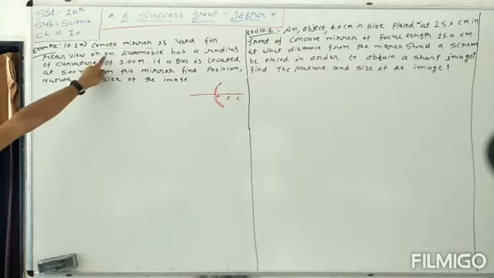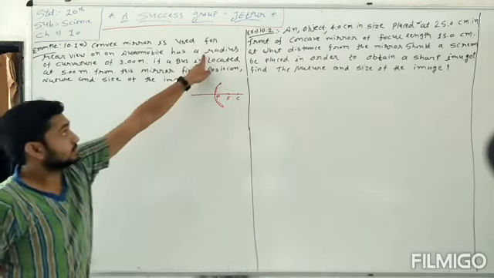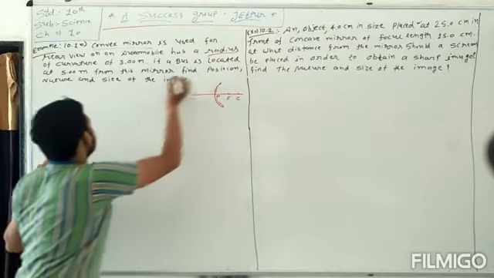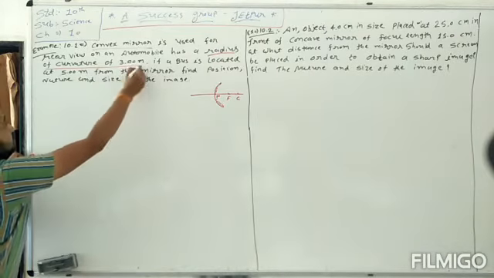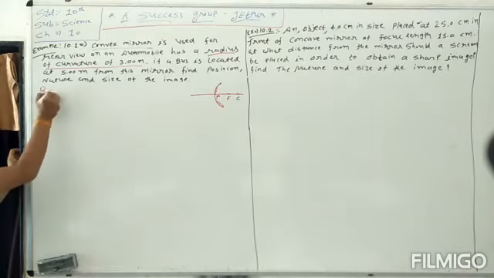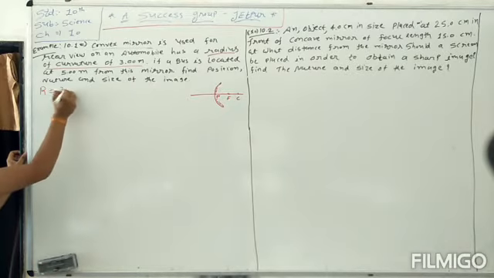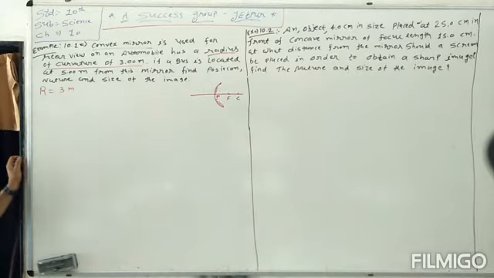It has a radius of curvature of 3 meter. Radius of curvature is denoted by R, 3.00, which is similar to 3 meter.